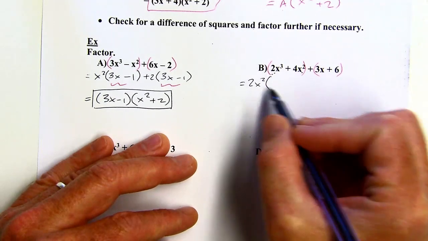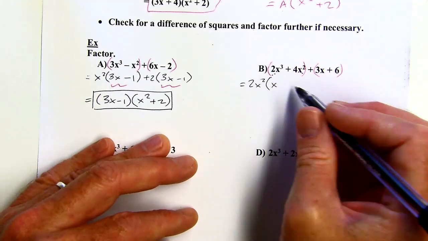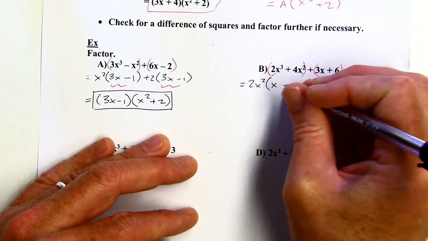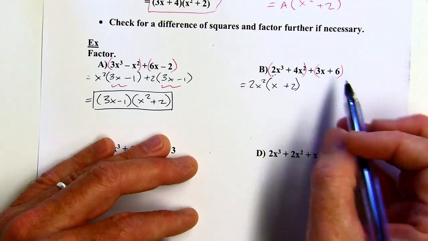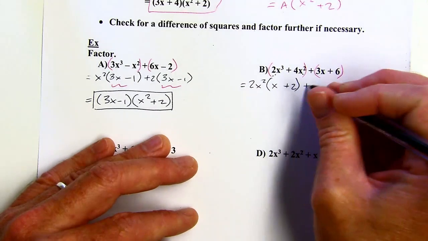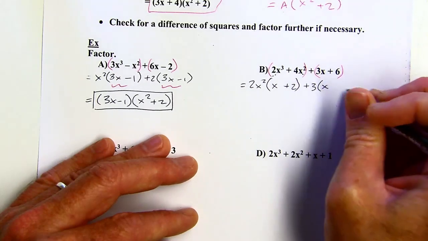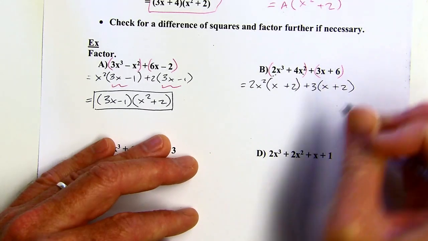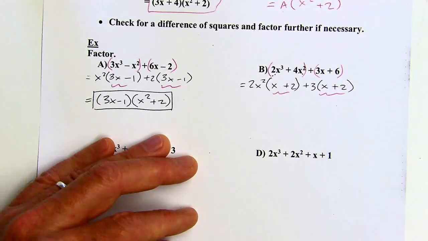Okay? And 2x squared times something is 2x to the third, that would be x. 2x squared times something is 4x squared, that would be 2. Okay? Second group, I can factor out a 3. And now let's see, 3 times something is 3x, 3 times something is 6. Okay, and now I can see I have these matching pieces.